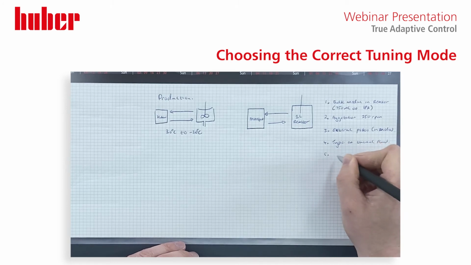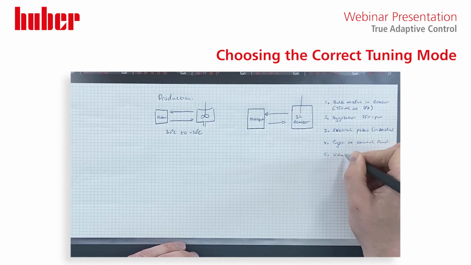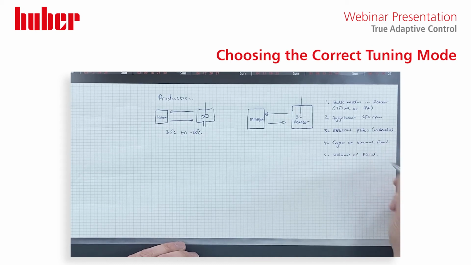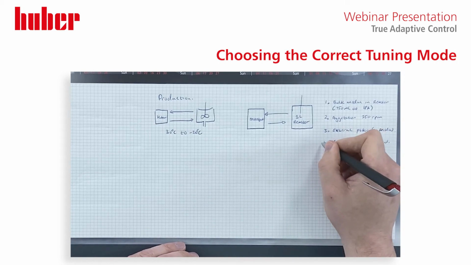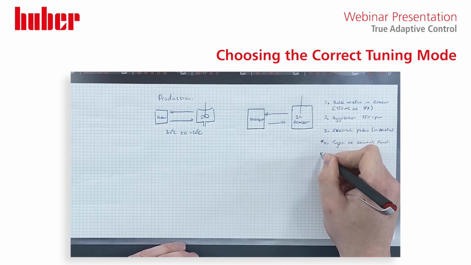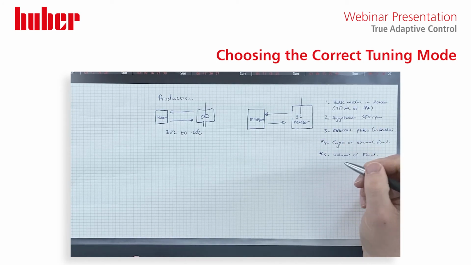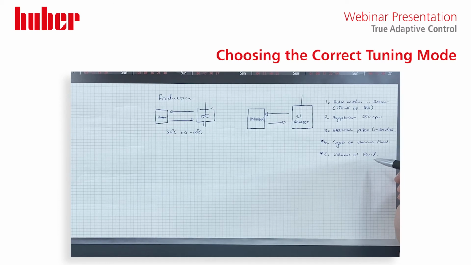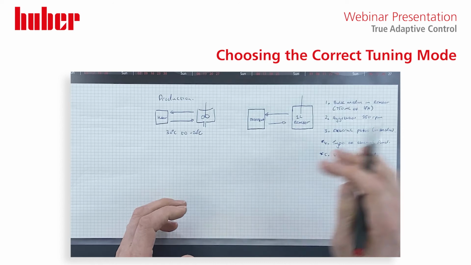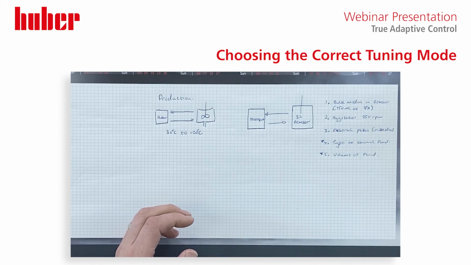And we need to know 5, the volume of thermal fluid. So the Huber unit on installation will ask you for 4 and 5. You've got to tell it what thermal fluid you're using, and you've got to tell it how much is in there. The reason it needs this is it needs to know this value for calculating the initial dead zone temperature.